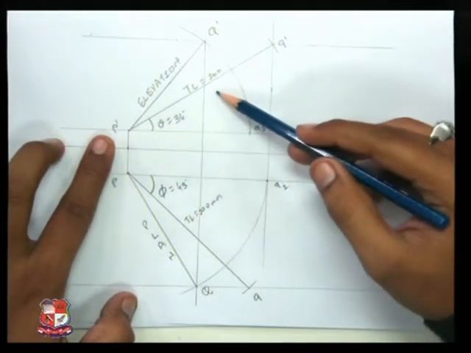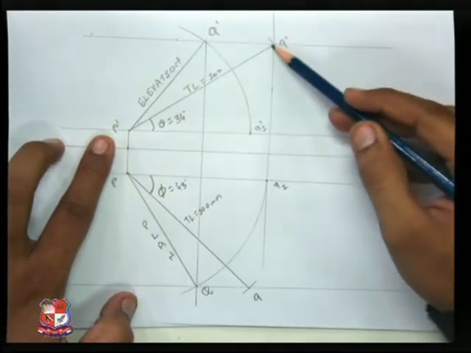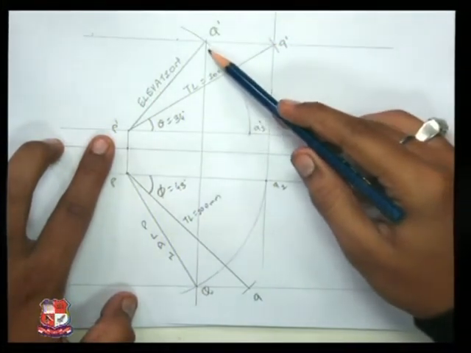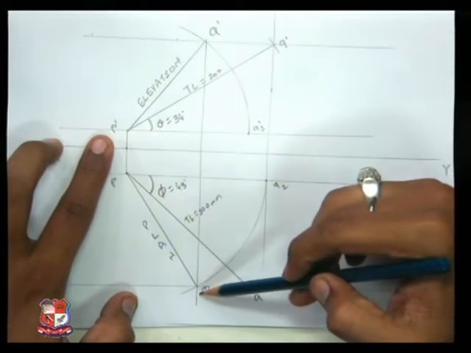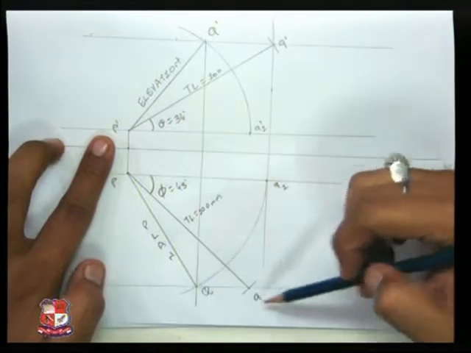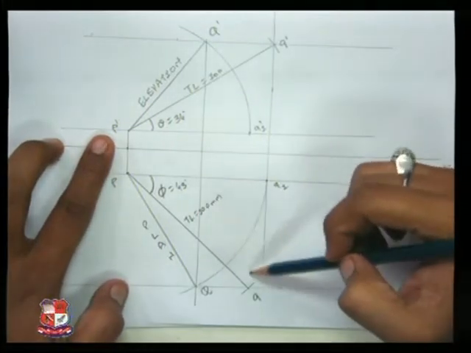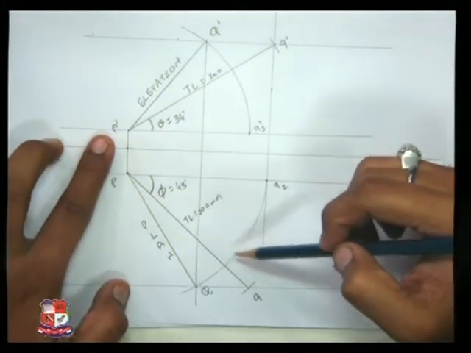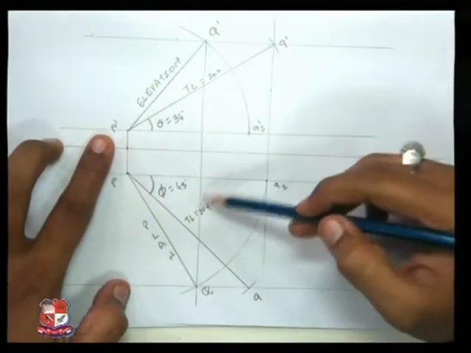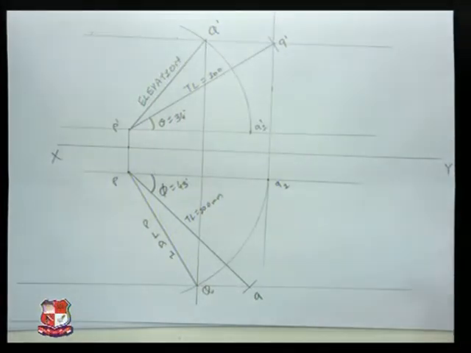We have been given the true length, so we cut an arc as true length. Elevation and plan are always in the same projection line, so we get the plan as well. Taking a parallel line to the XY from it, mark the arc and get the true length. Measure the angles with HP and VP and write them in the answer.